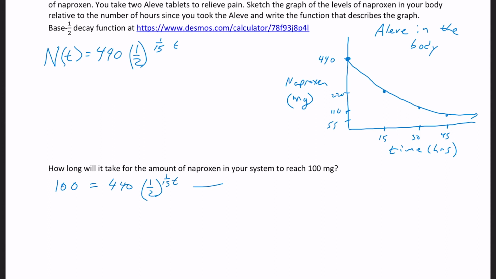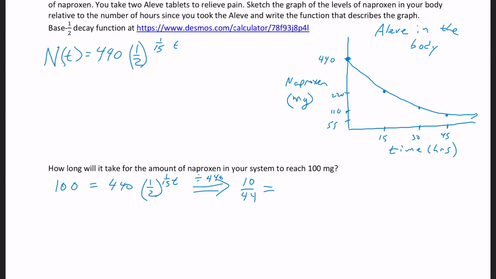So again, the first thing we do is divide by 440. In our next step, I'm going to reduce my fraction and just call it maybe 10 over 44. I could reduce it to 5 over 22, or I could leave it as 100 over 440. It really wouldn't matter.